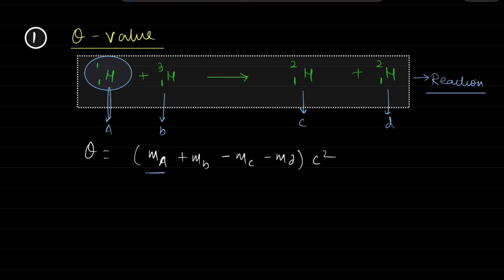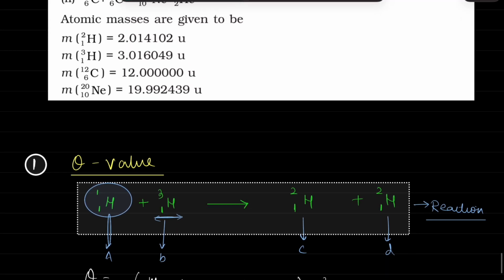The mass of protium is actually the mass of a proton and its value is 1.007825, plus the second is the mass of tritium. Mass of tritium is given in the question. Here you see this is our mass of tritium and this is the mass of deuterium. So we are going to use these two values.